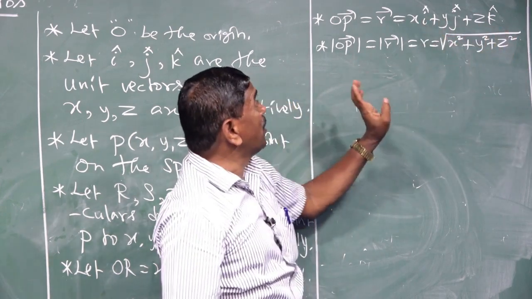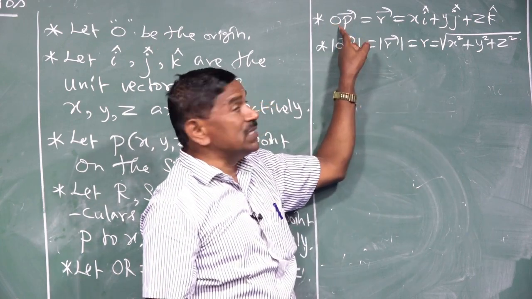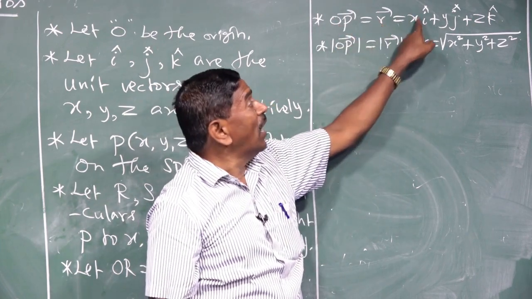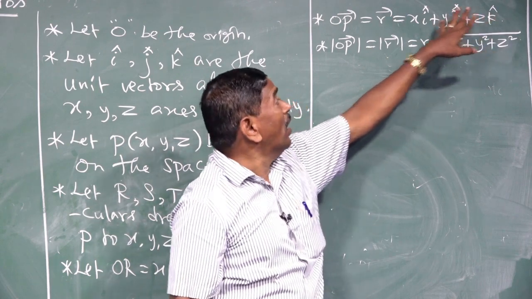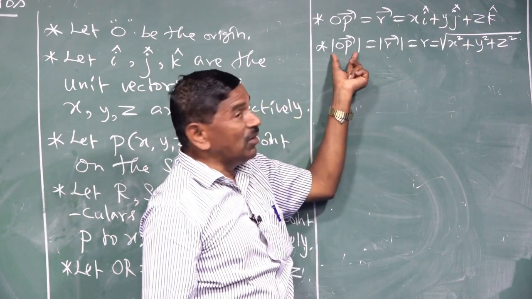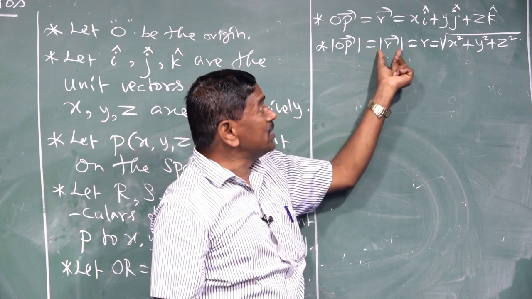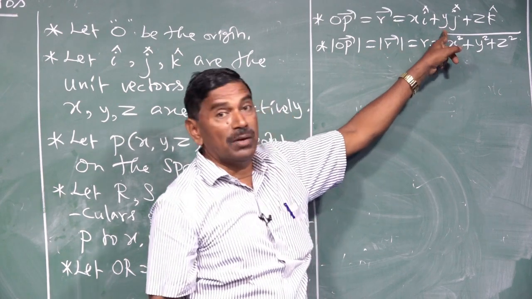For example, suppose the OP vector, which is the r vector, is equal to i vector plus 2j vector plus 3k vector. Then the modulus of the r vector is r, equal to the square root of, can you tell me?